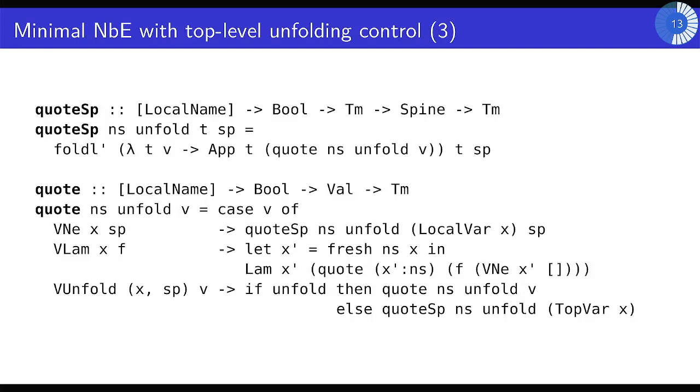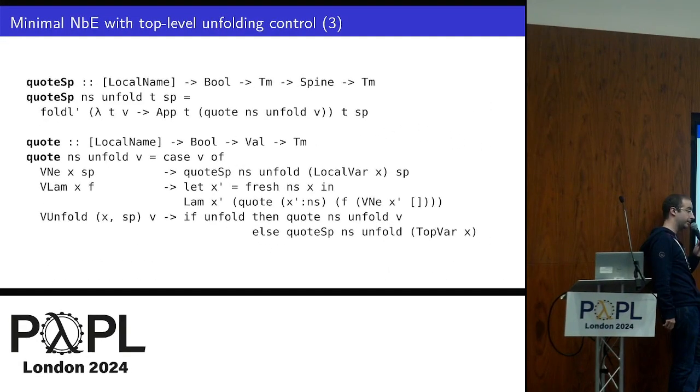I've kind of lost track of where you go from when you call eval and when you call quote. You define them both, and you can sort of go to and fro. But I've lost track of when you would call either. We would call these, so I guess this is out of the scope of this talk, but in this style of elaboration, the eval and the quote is completely interleaved with the elaboration. So, for example, when we do bidirectional type checking, sometimes we might want to know whether a checking type is a function type.